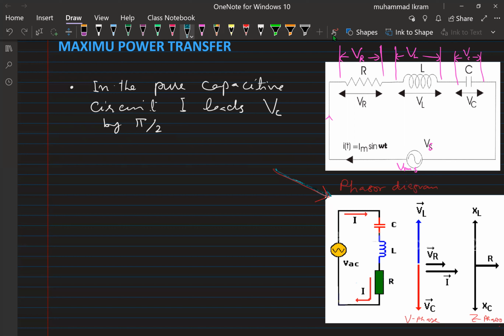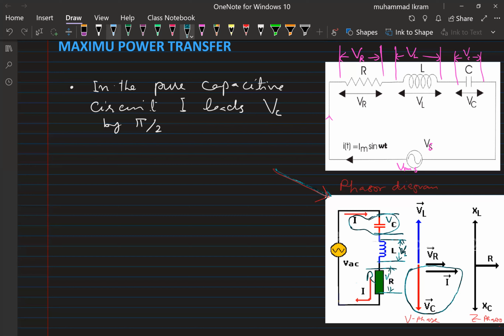In this part of the graph, I leads VC by pi by 2. This is happening in this part of the circuit: here is the capacitor, and across the capacitor we have VC. Across the inductor we have VL, as I already labeled in the previous diagram. Here is the resistor, and the IR drop across the resistor is VR.